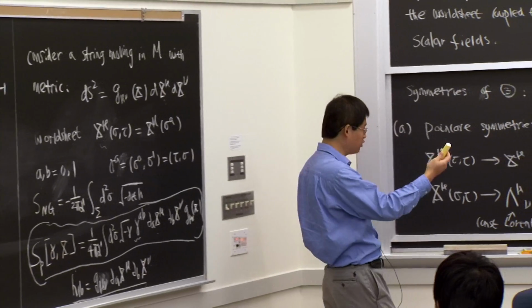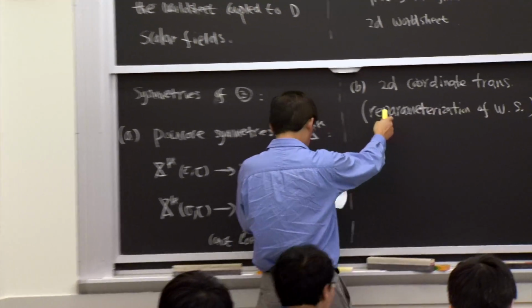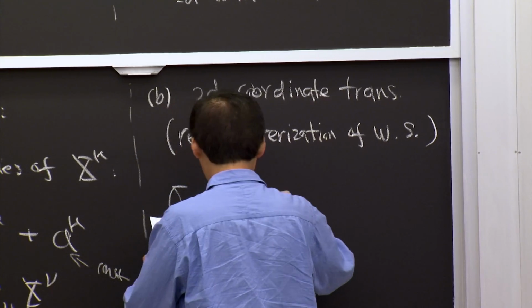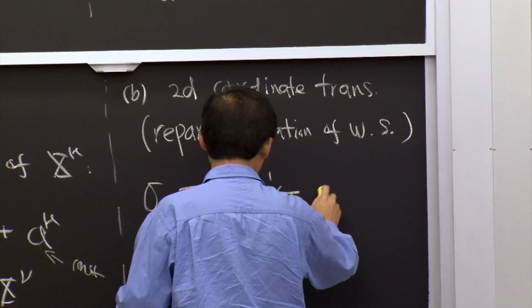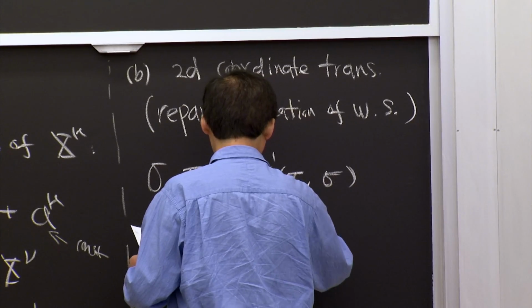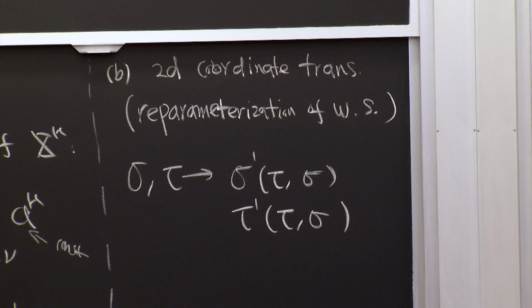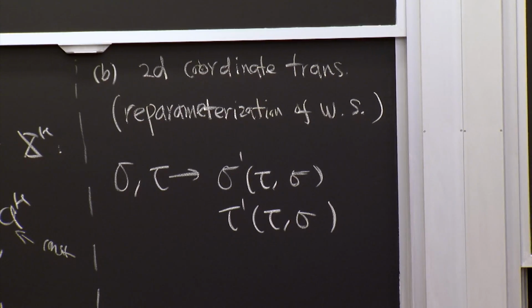So that means the action itself should be invariant under reparametrization of your worldsheet. And the parameterization of the worldsheet translates into just arbitrary coordinate transformations. So sigma and tau should be able to undergo arbitrary coordinate transformation, and the action should be invariant. Okay? And this is by construction.